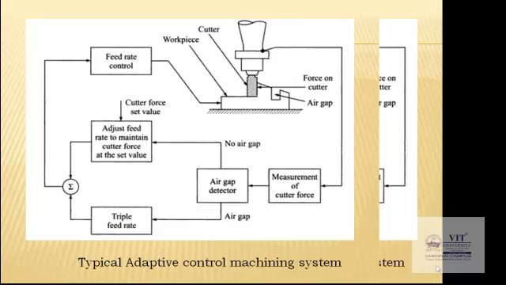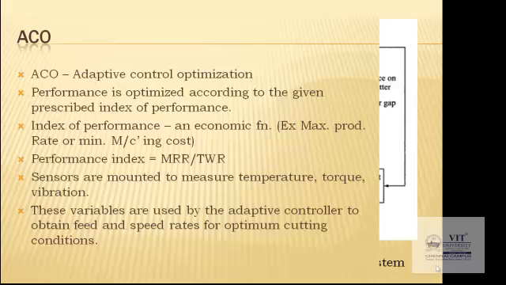So last class we discussed this. In general, there are two types of adaptive systems followed in industries: adaptive control with optimization, and adaptive control with constraint.